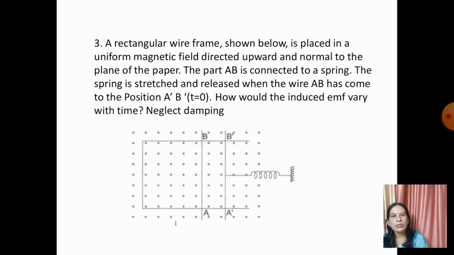The spring is stretched and released, and the wire AB comes to position A dash B dash. How would the induced EMF vary with time? You have to neglect the damping.